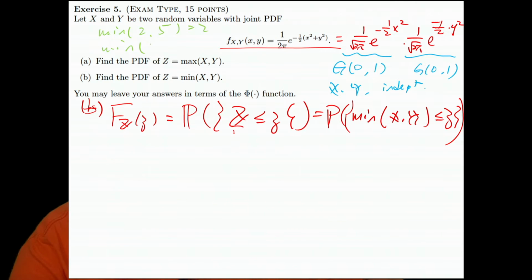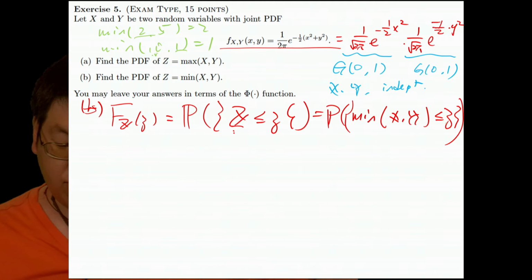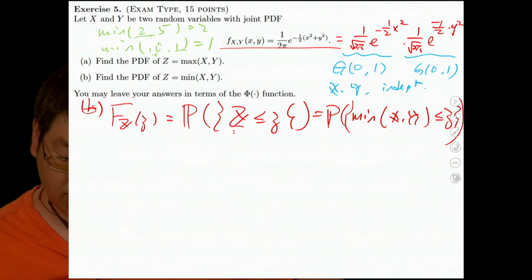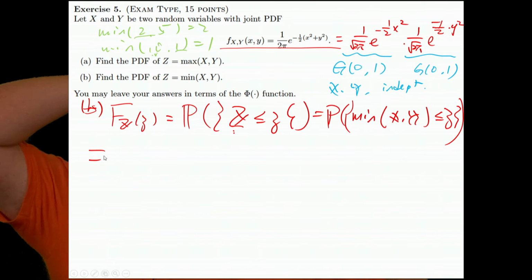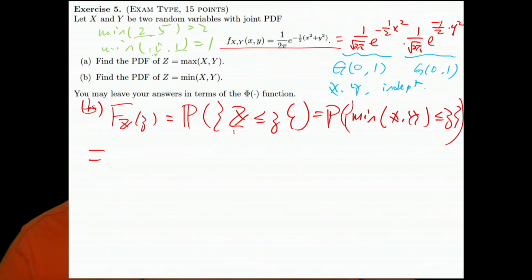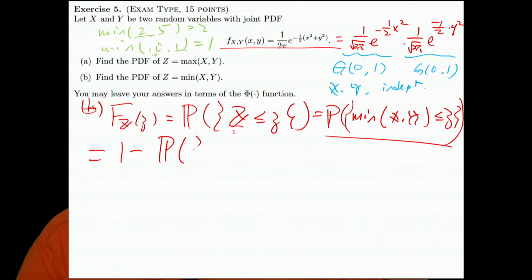For the minimum of 10, 1, you choose 1. You choose 2 and choose 1, but the other number may be greater than z, so it doesn't work. But we have a very lovely concept: I can always write 1 minus the probability that the minimum of X, Y is greater than z.